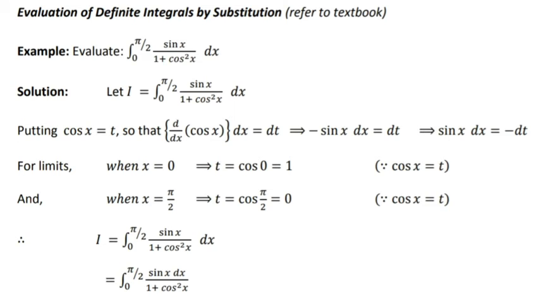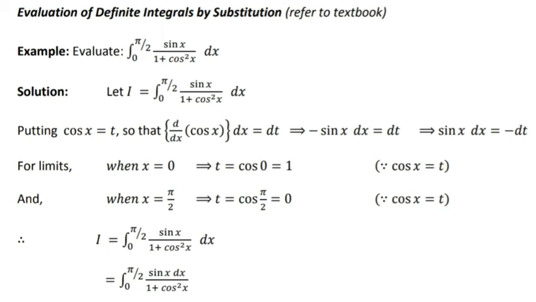We no longer take 0 to pi by 2, but in this case, we will have to take from 1 to 0 or 0 to 1. It means the same thing. Why? So that the area under the new graph or the new integrand will be exactly same just like the area given to you under the curve which is given to you in the question.